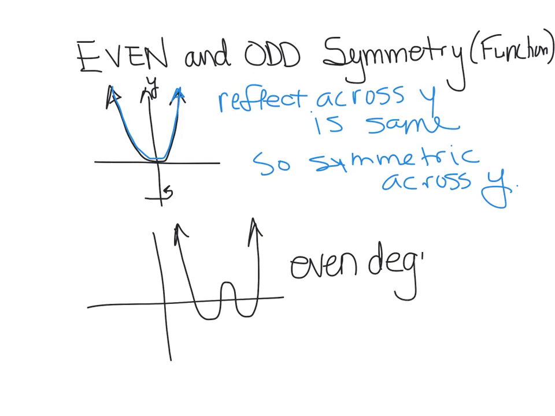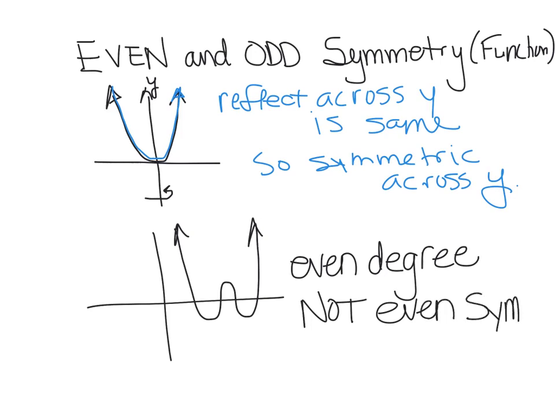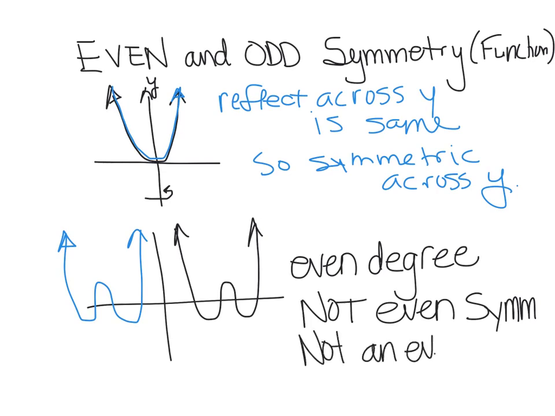This function has an even degree because both ends are up, but he does not display even symmetry, because if I rotated that, I would get a new picture on the other side that looks very different than my original function, because he's on the left side instead of being on the right side. So he does not have even symmetry, therefore he is not an even function. So separate these two ideas of being an even function from having an even degree, okay?